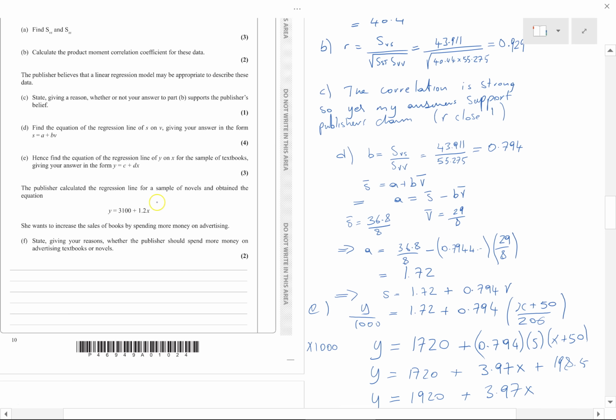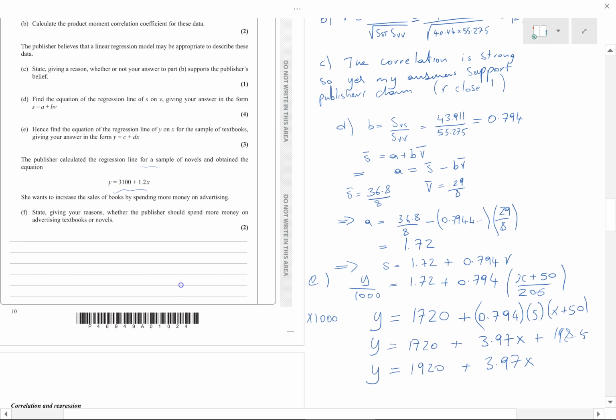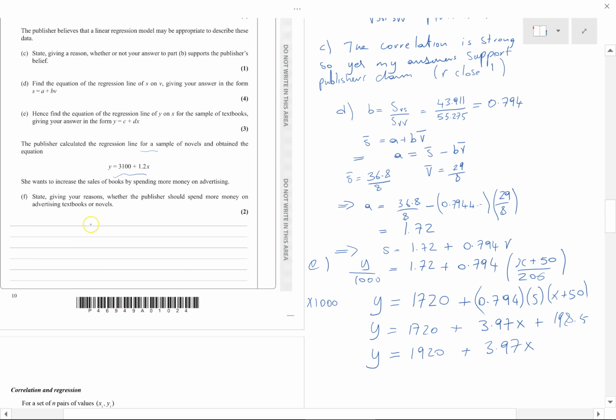Now here it says the publisher calculated a regression line for a sample of novels and obtained this equation. She wants to increase the sales by spending more money on advertising. State, giving a reason, whether the publisher should spend more money on advertising textbooks or novels, because the original work we did was on textbooks.